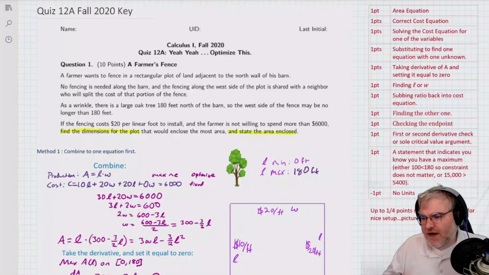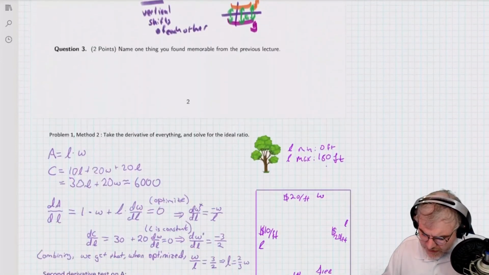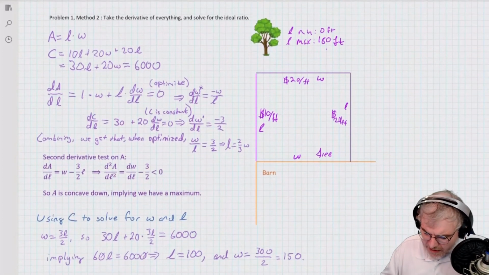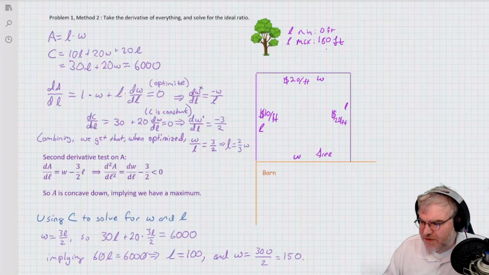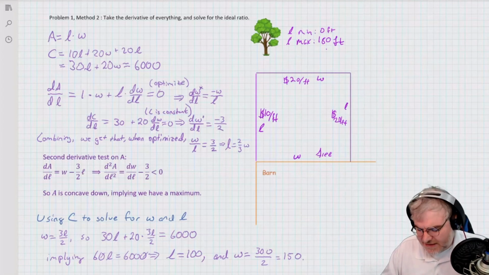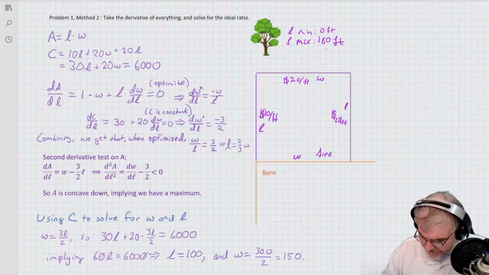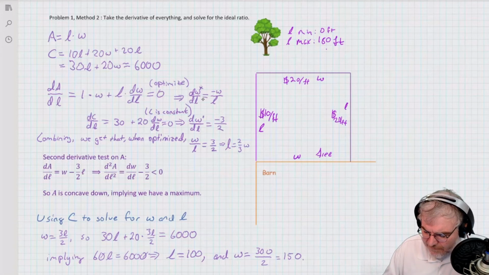So I could, if I wanted to, and I'm going to talk about this tonight, but this is just a little preview, take the derivative of A with respect to L implicitly, and take the derivative of C with respect to L implicitly. Now, this one would have been set to 0 because area is the thing I want to optimize. This one would have been set to 0 because cost is constant. And I could wind up solving for dW over dL in both.